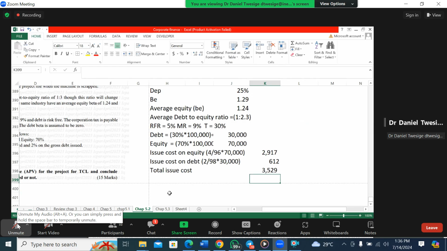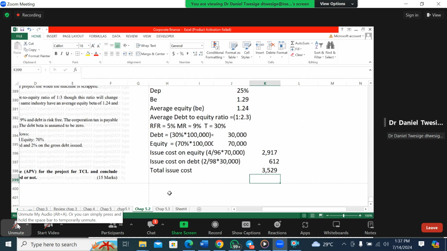Remember our first step when you are using APV. These were just workings. The first step when you're using APV is to get the value of an ungeared business. What is the value of a business that is not geared? And how are you going to get that?